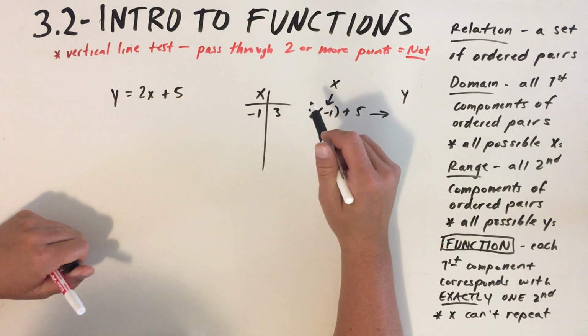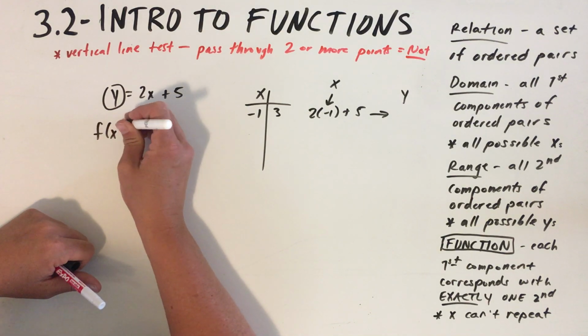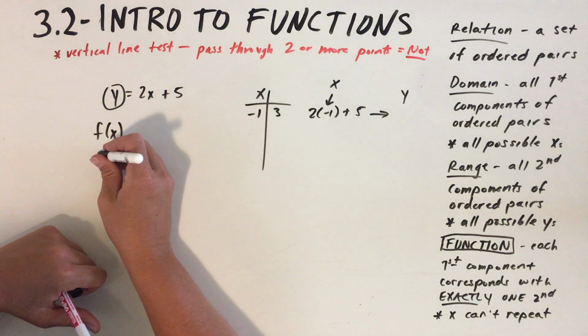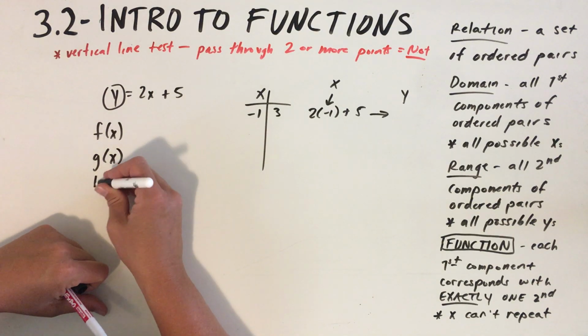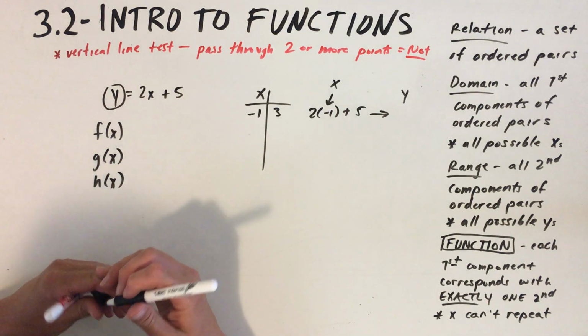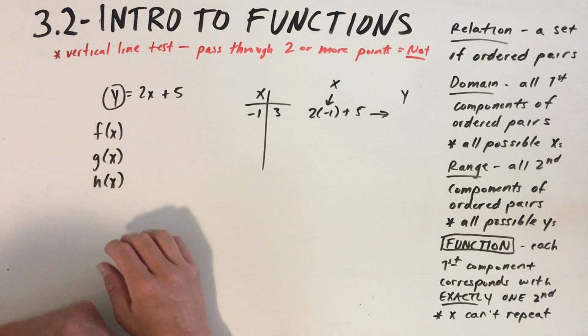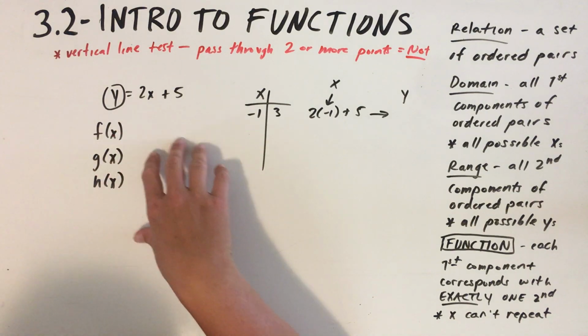Okay, so the way that we write that, instead of using this variable y, for function notation it'll say the function of x, or f of x, or it could say g of x, or h of x, or any other letter or variable. So we would just write this as a function.